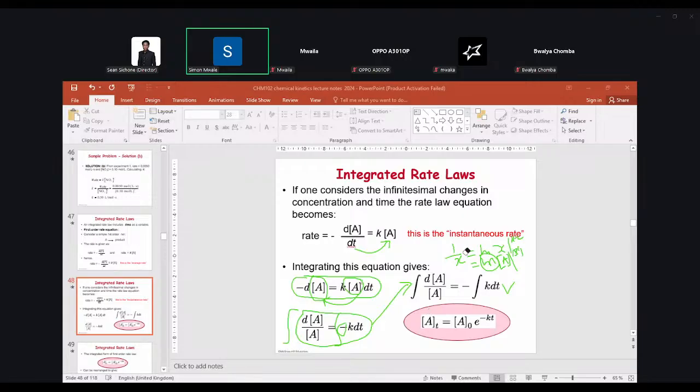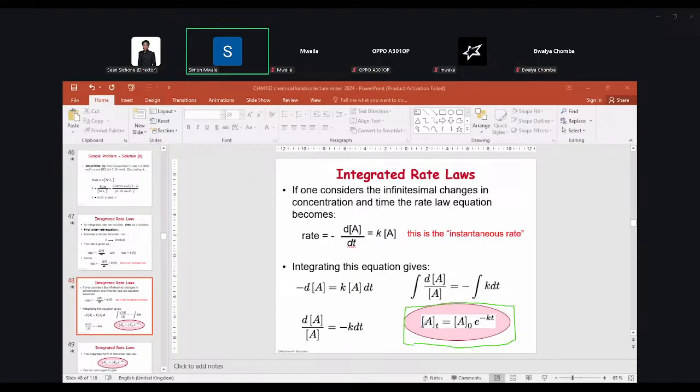This is the one that I've put in orange, or pink if you like. This is the integrated rate equation for the first order reaction.